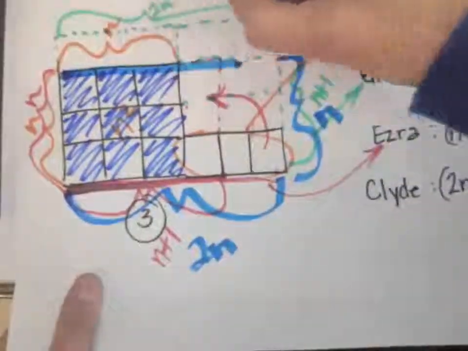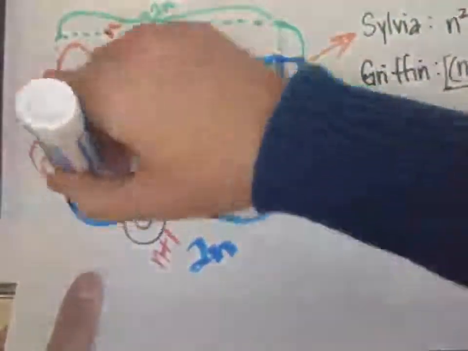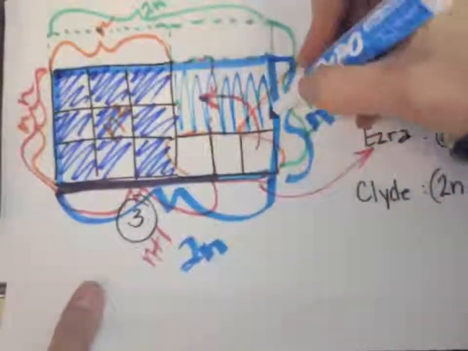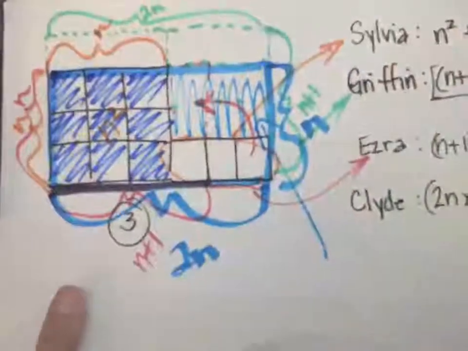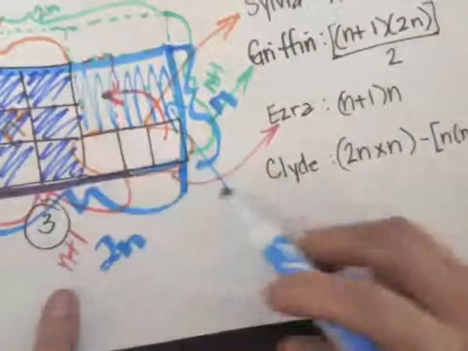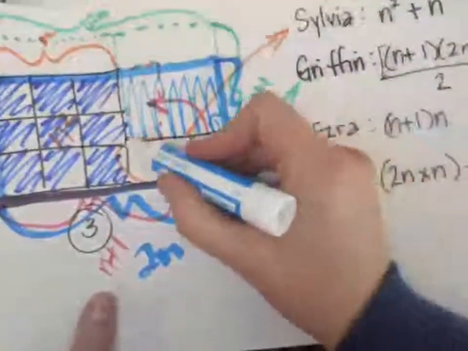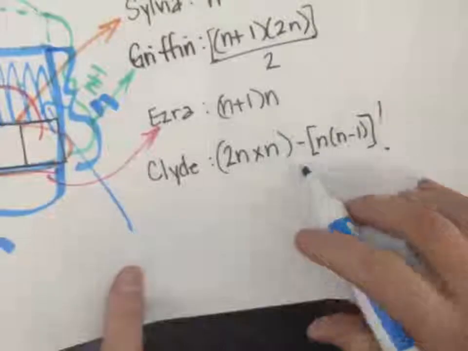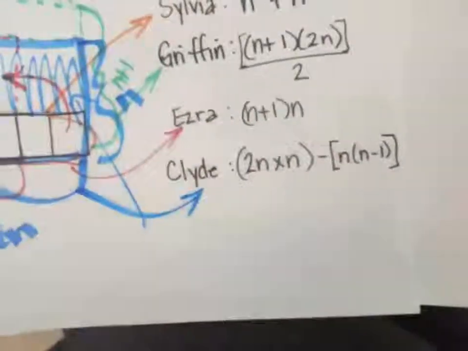So he was making this rectangle, and then he realized he has to subtract all of this negative space there, if you call it that. And so he had to subtract this little rectangle, which has the dimensions n by n minus 1. And so that's why he came up with this expression.